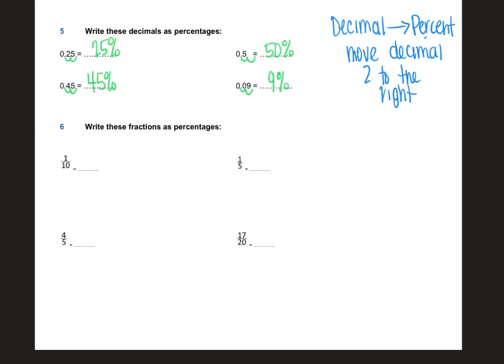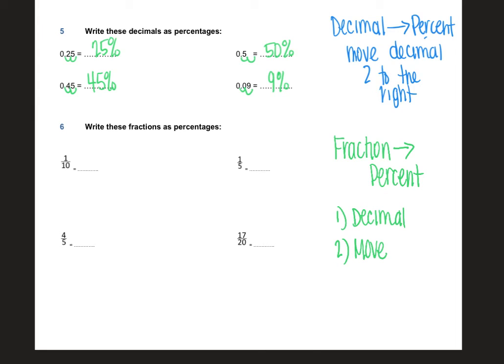All right, for fraction to percent, it's like a two-stepper. So first, we have to make it a decimal using the division. And then second, we have to move what we just did, move decimal 2 to the right.